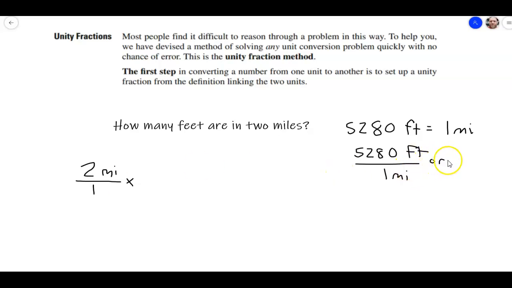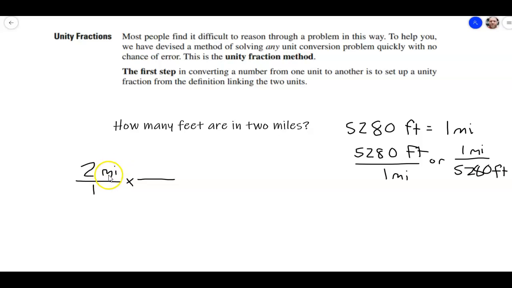Or I can write this as 1 mile all over 5,280 feet. So either one of these would be a unit conversion that I can use here. Now, which one do I want to use for this? Well, remember, my final answer needs to be in feet, so I want to get rid of the miles.